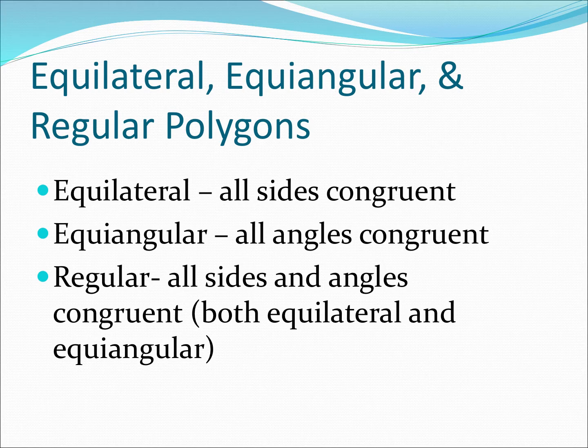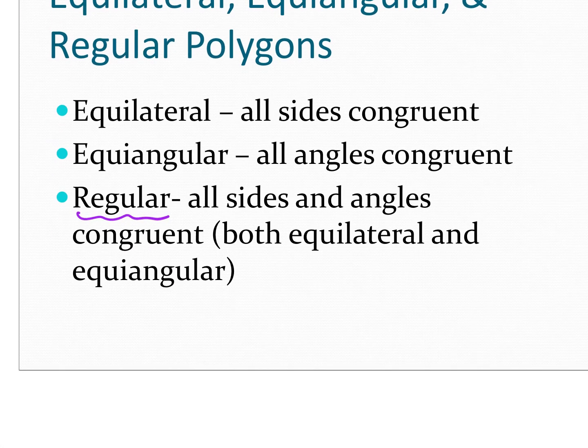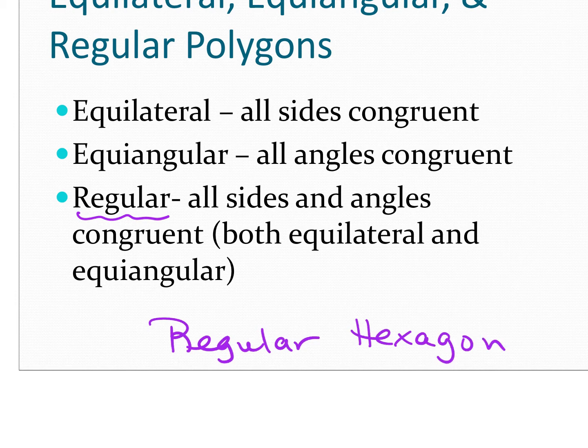And when you see the term regular, that tells me that all sides and all angles are congruent. So it's both equilateral and equiangular. We're going to use the word regular a lot. You're going to see the word regular in front of a polygon name, and that tells you that all sides and all angles are congruent.